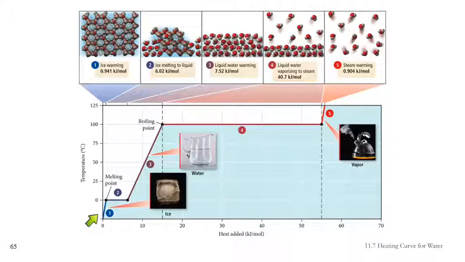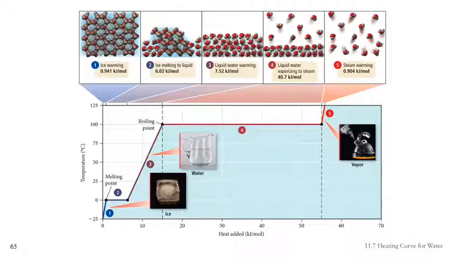So if you start with water in the solid state, frozen water at minus 25 degrees Celsius, and you add energy to it, the temperature will go up. How do we calculate the relationship between increase in temperature and amount of heat? It is in chapter 6.